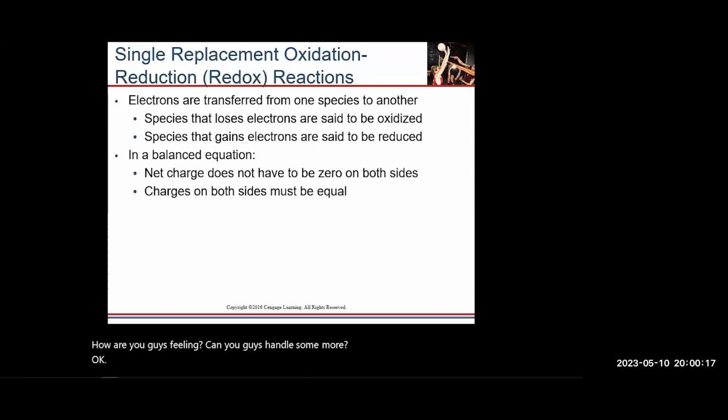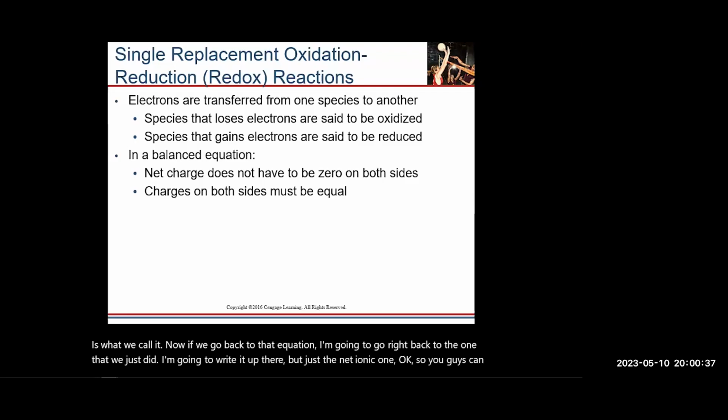So single replacement, oxidation, reduction reactions. Okay. So redox is what we call it. Now, if we go back to that equation, I'm going to go right back to the one that we just did. I'm going to write it up there, but just the net ionic one, so you guys can see it. It'll be more clear there.